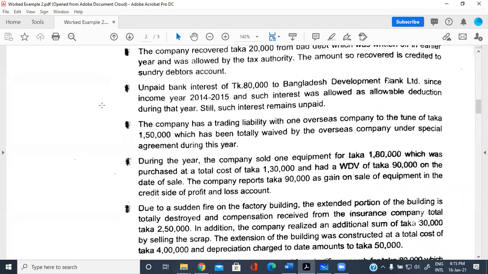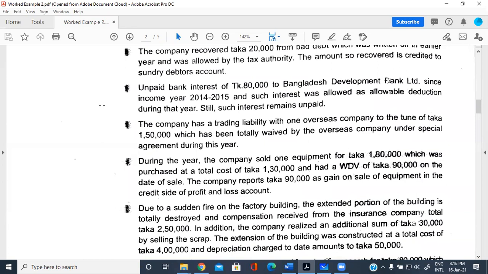Sir, there is interest on borrowed capital, but no year is mentioned here. Yeah, the mention was of regular interest expenditure, but there is a rule also. I'm not getting that rule exactly right now.